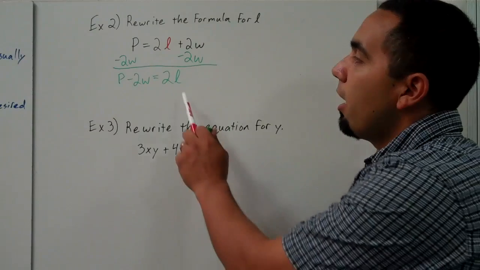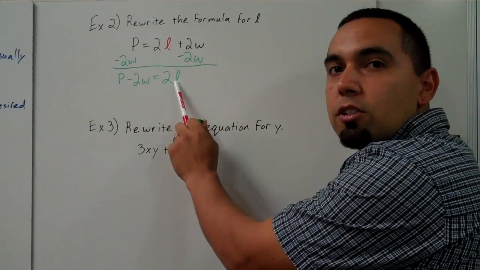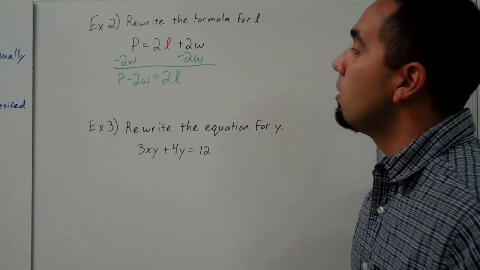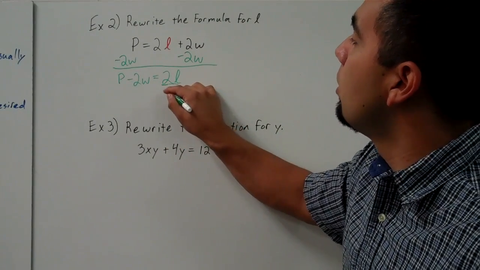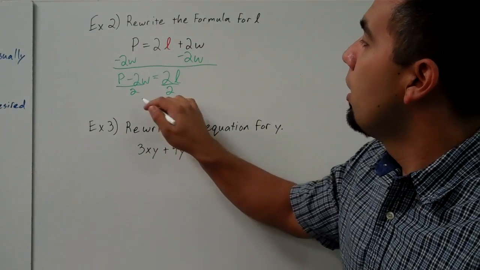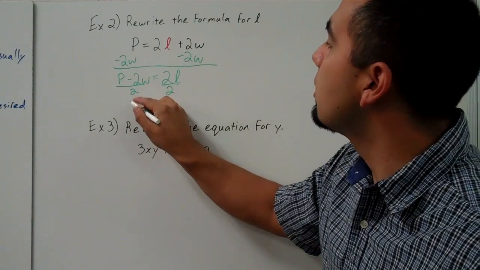Now, if I look, I want to get the L by itself. What is going on with this 2 here? Well, it says 2 times L. So again, if it's being multiplied, then I need to do the opposite, so I'm going to divide by 2. Again, there's nothing I can simplify here, so I'm just going to leave it exactly how it is.